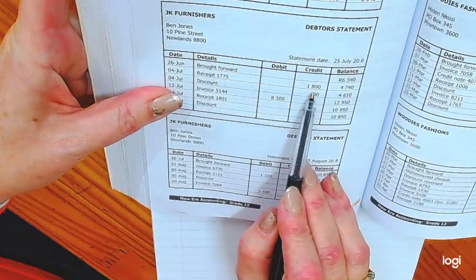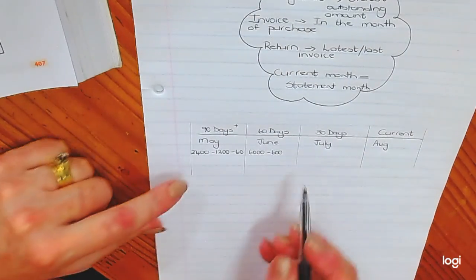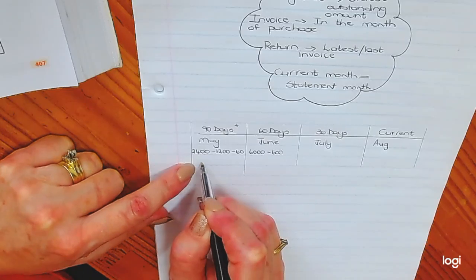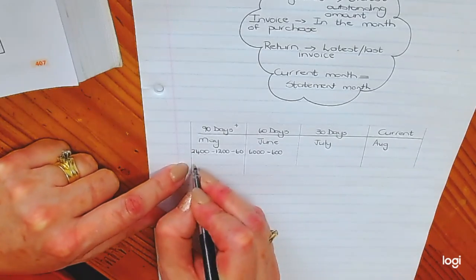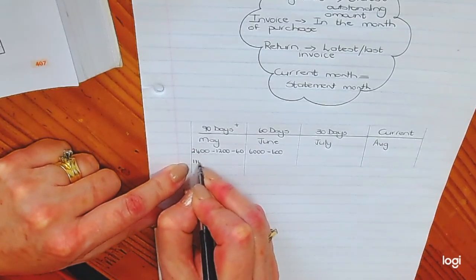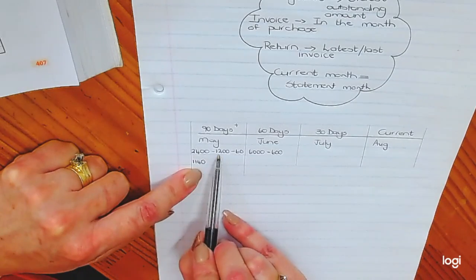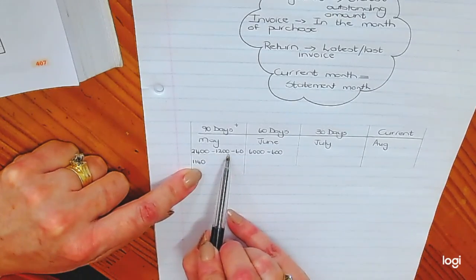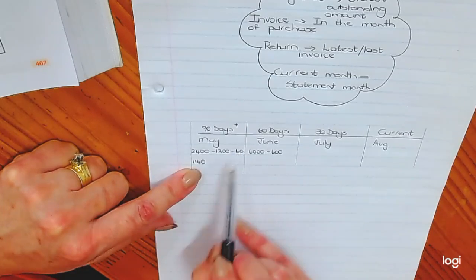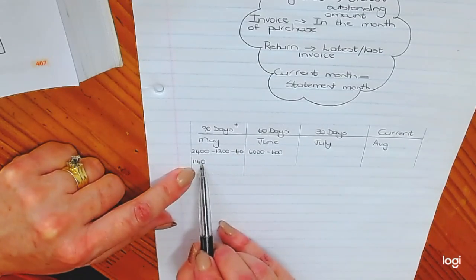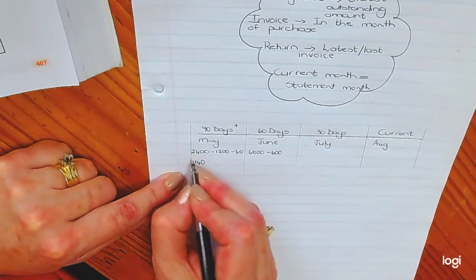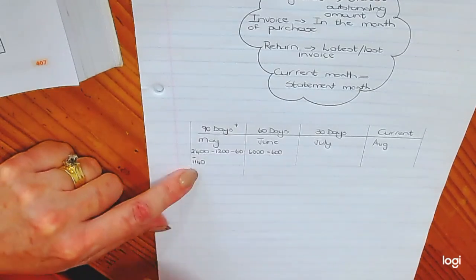A receipt of 1,800. So now that 1,800 needs to be allocated to the oldest outstanding amount. And remember, there's 1,140 still outstanding here. The 2,400 minus the 1,200 minus the 60 is 1,140, and that's still outstanding. So we're going to pay this amount first.